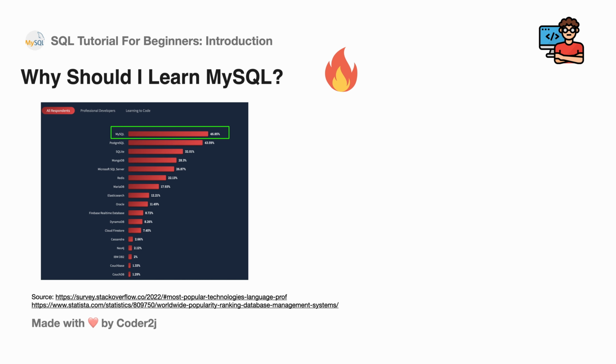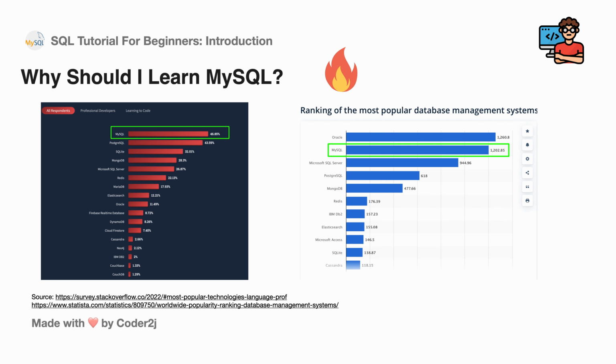According to the 2022 Stack Overflow survey, MySQL is the number one user favorite database management system, and Statista's report shows MySQL has the second largest database management systems market share and the number one market share for open source database management system.